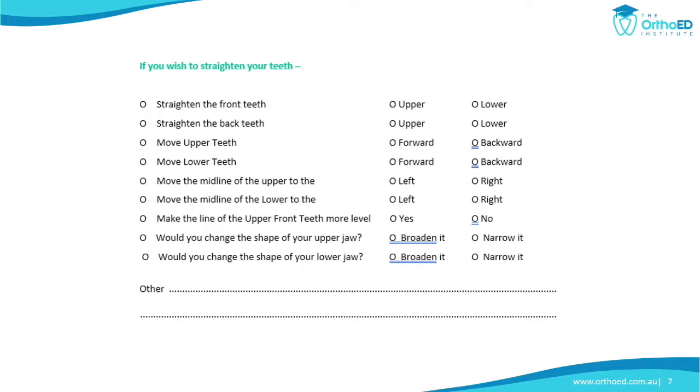Would they like to change the shape of the upper jaw or the shape of the lower jaw, or do they have other concerns? It's really important to know this before the patient comes in to see you. And this is, like I said, an informed consent, because they might say they want to straighten the front teeth, but they've never said anything about fixing the bite.